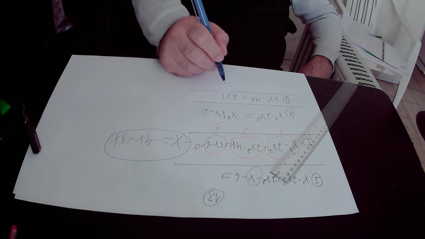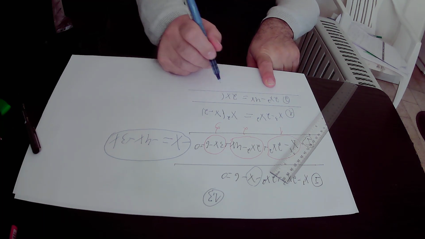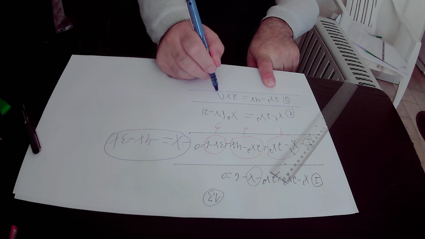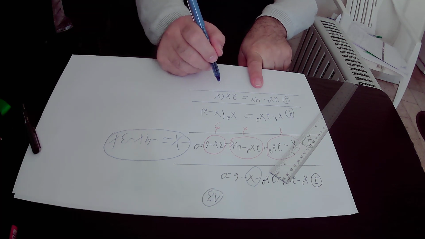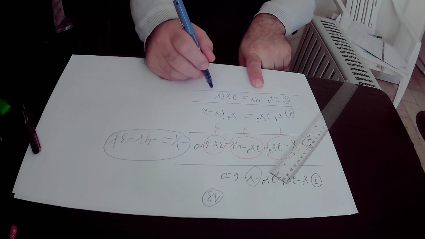What is left from 2x squared after we took 2x as a common factor? It is x. And what is left from minus 4x after we took 2x as a common factor? It is minus 2.